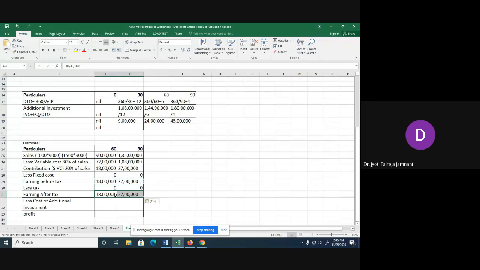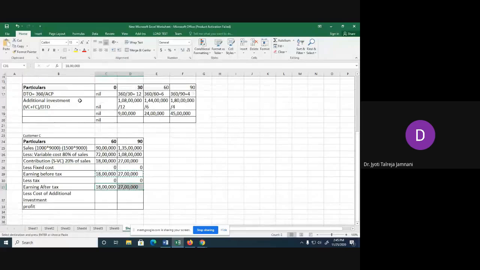Now cost of additional investment. We'll do the working note on cost of additional investment.